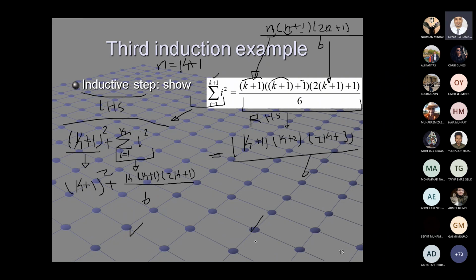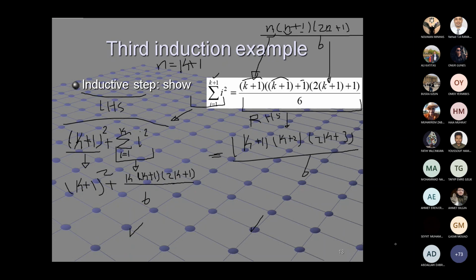If you have an equation that has left-hand side and right-hand side, and you multiply left-hand side and right-hand side with the same number, this will not change anything, yes? Because when you multiply both sides with the same number, this doesn't change anything. So I will multiply the left-hand side and right-hand side by 6.